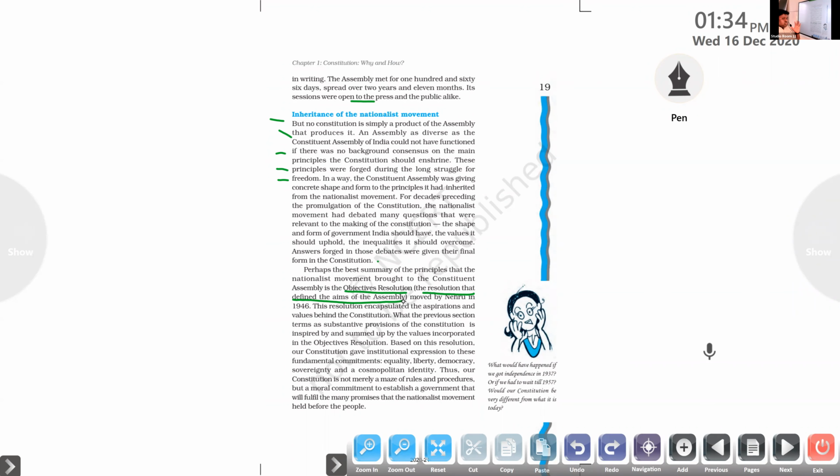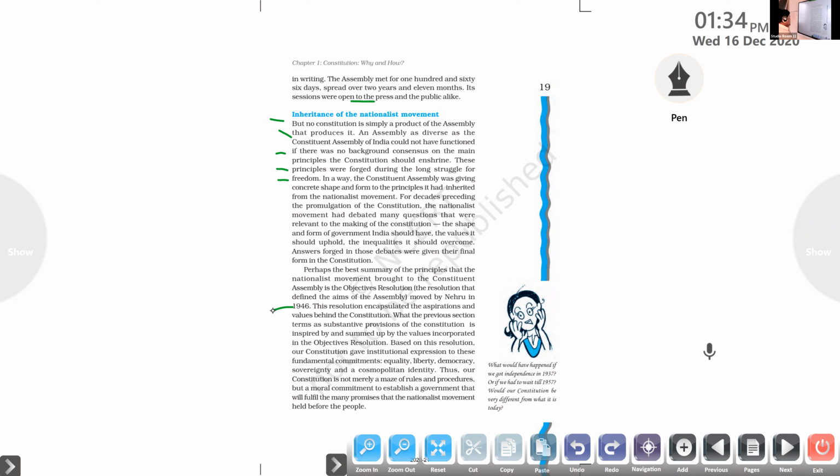The assembly wanted to pass that message to everyone: their aim, moved by Nehru in 1946. This Objectives Resolution, moved by Jawaharlal Nehru in 1946, encapsulated the aspirations and values behind the Constitution. This is the essence of the Constitution, we can say.